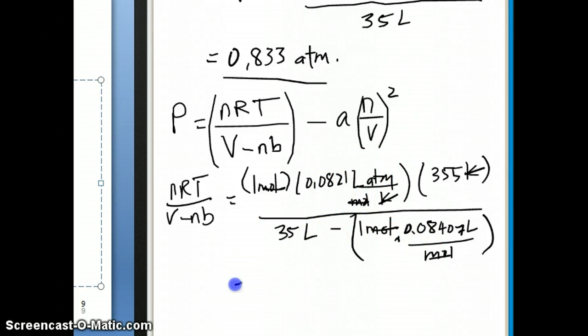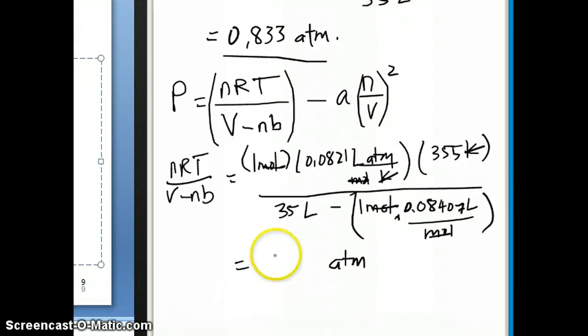Okay, so that's what you have there in your calculation. You just have atmosphere for this term. Okay, and let's calculate that. So if you plug in all those numbers into the calculator, you should get 0.8347 atmosphere.